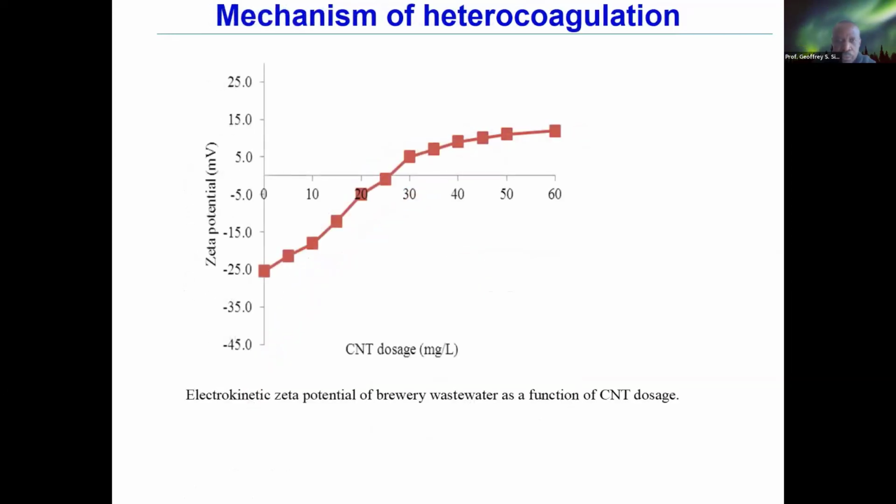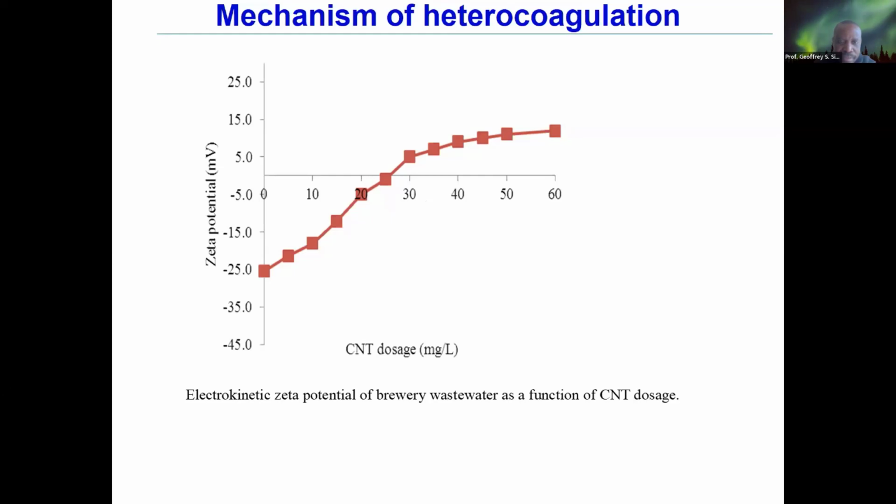The other thing that we also looked at was to try to have an idea of the type of mechanism that was used in this coagulation process. In this case, what we had to do initially, because the pH of our water was quite low, about 4, was adjust it to about 6.5.